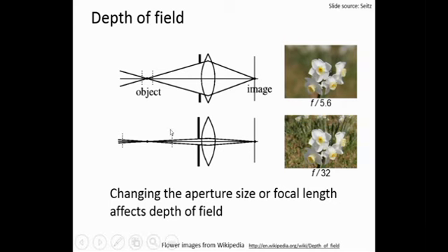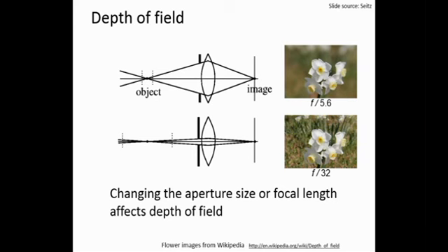The depth of field is a term that indicates how far can things be away from the plane of focus before they get to some blurriness level, or before the circle of confusion is greater than some number.